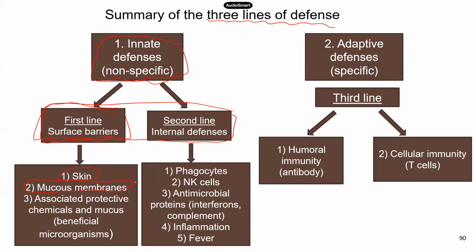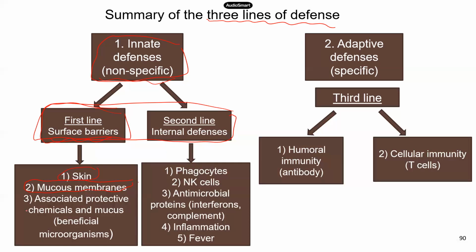So think about the respiratory system, urinary system, reproductive system, digestive system, right? They all have this inner mucous membrane lining. And both the skin and the mucous membrane form physical barriers, right, on the body surface or inside the body, so that the foreign invaders cannot enter our body.